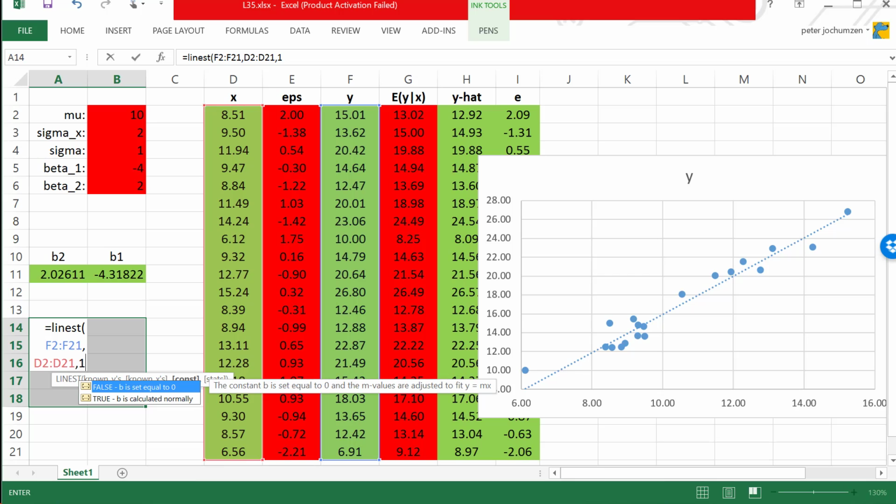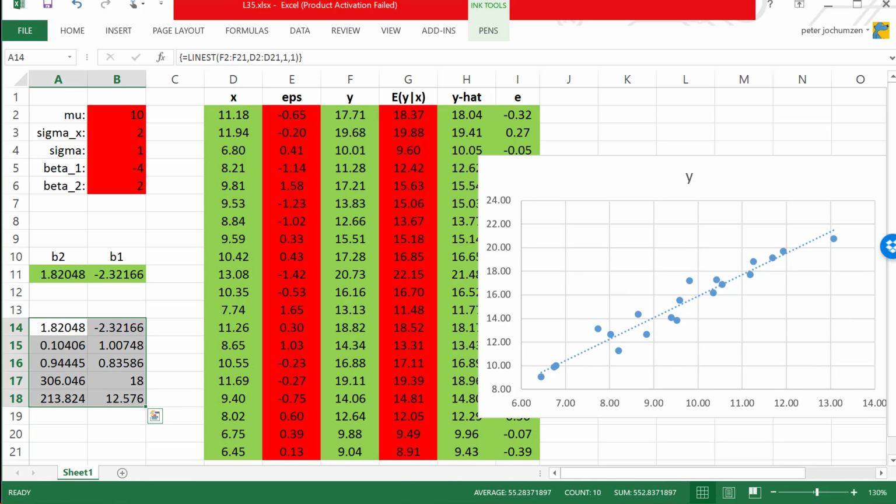I have an intercept, and the important part here is I want TRUE now. I want the additional regression statistics. End parenthesis, shift control enter, which will give us the data. And keep in mind that the first row, that's B1 and B2 in reverse order.